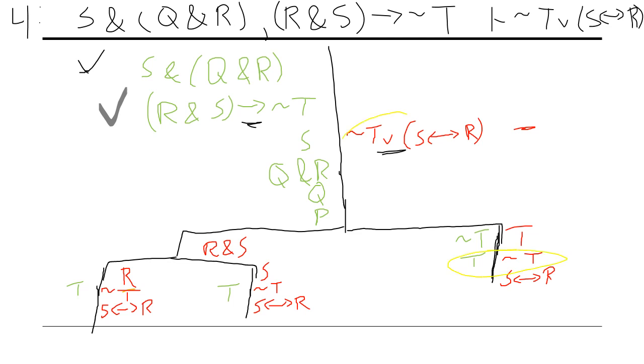And again, everything that we just did is tied in here. That's why they all look the same, because we had to break the conclusion down in the lower levels of the branches. Now we just have to take care of this S double arrow R. And to do that, we've got to branch out.